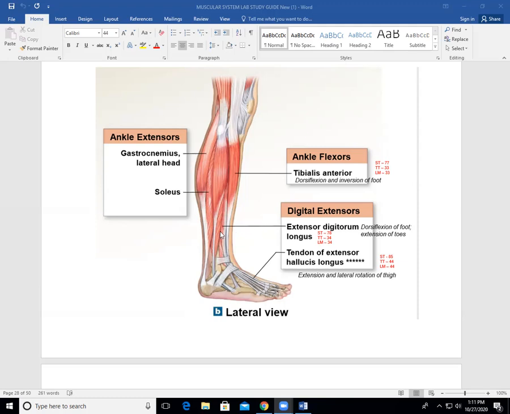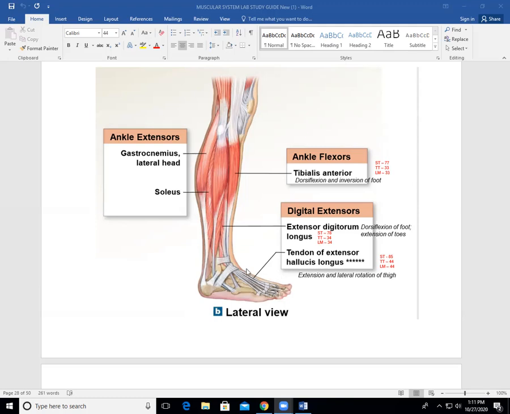See here, extensor digitorum longus. If it has extensor in the name, what does it do? It extends, right? It has digitorum in the name, what does it extend? The digits, right? The phalanges. So it extends your toes.